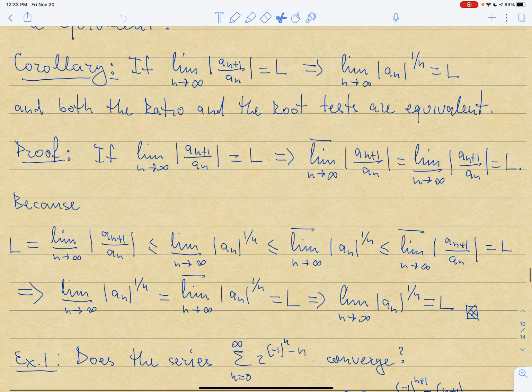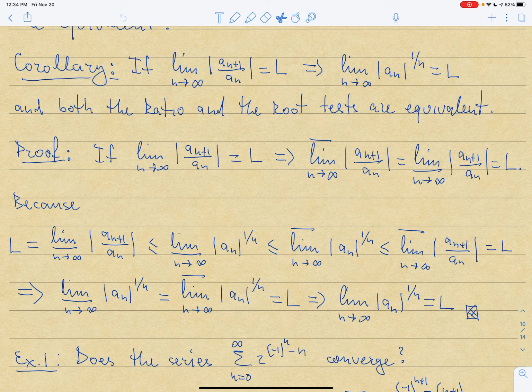Okay, so that means that if you use, for example, the ratio test, and you compute and the limit of a_{n+1} over a_n exists, and let's say it is equal to some number, then there is no reason to do the root test, because the root test is going to tell you exactly the same thing.